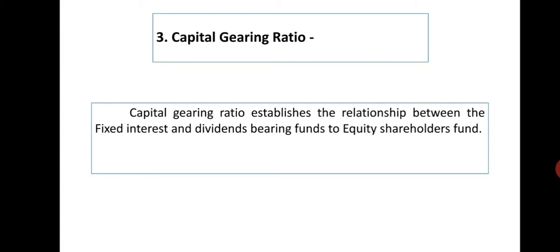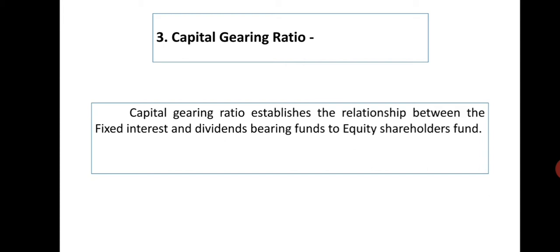Next, third one is capital gearing ratio. So what is capital gearing ratio and what does it indicate? So capital gearing ratio establishes the relationship between fixed interest and dividend bearing funds to equity shareholders fund. Okay. So what are fixed interest and dividend bearing funds?